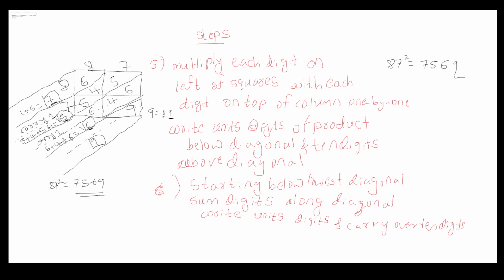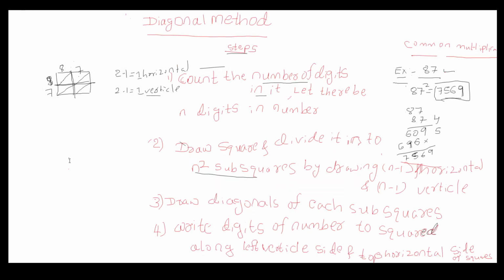This is how we follow the steps in order to get the square of a number. Very simple. I will repeat once again. First you have to count the number of digits in it. There are 2 digits, so draw the square and divide it into n squared sub squares, 4 sub squares.